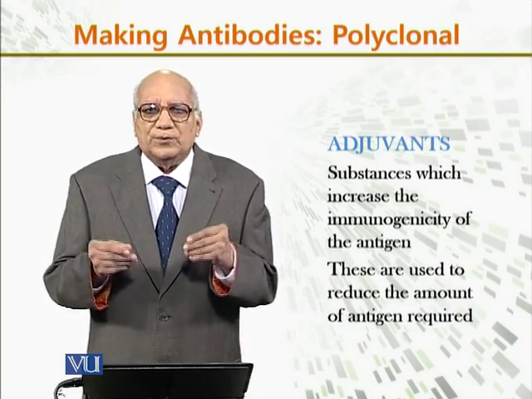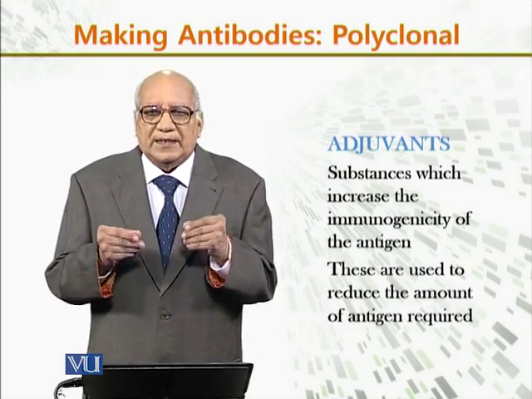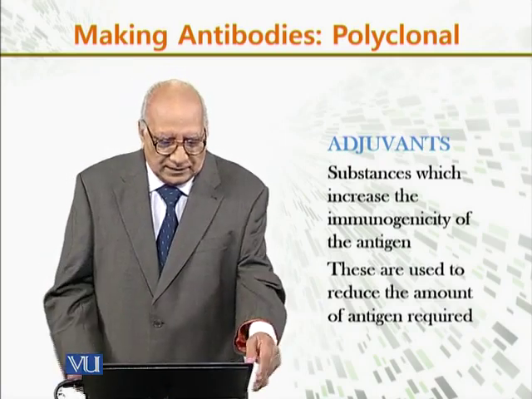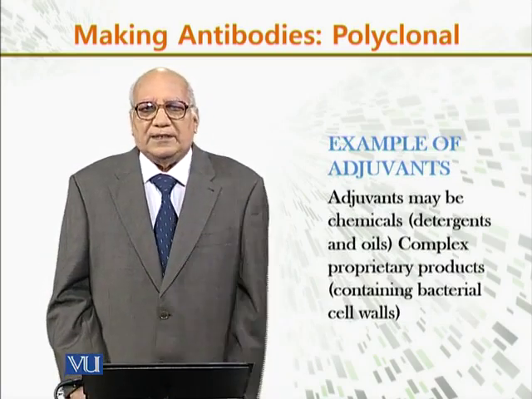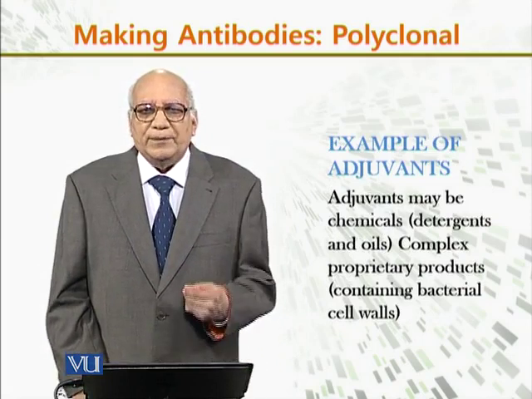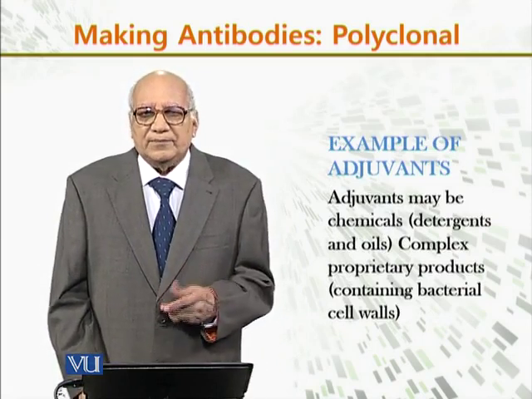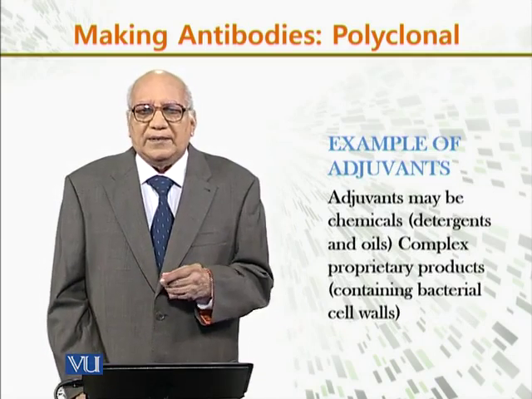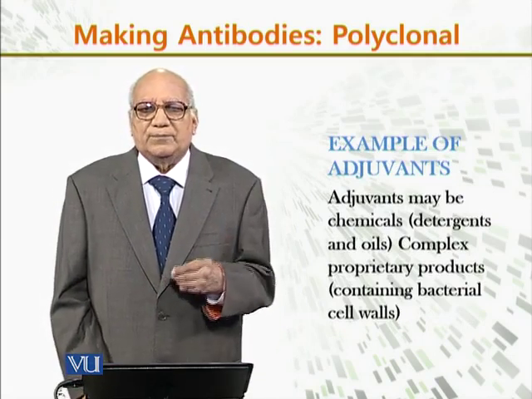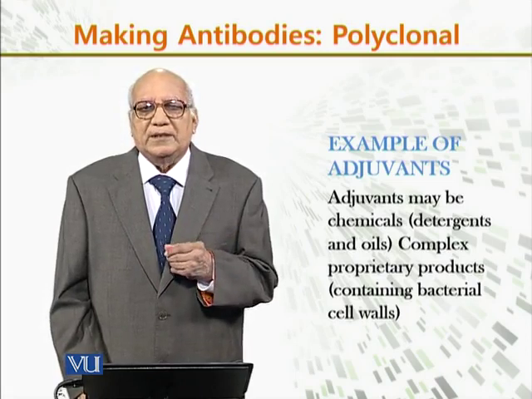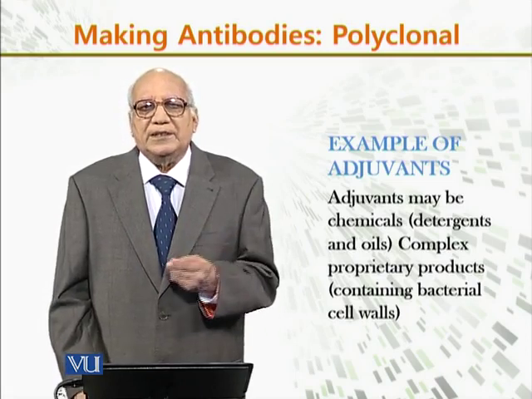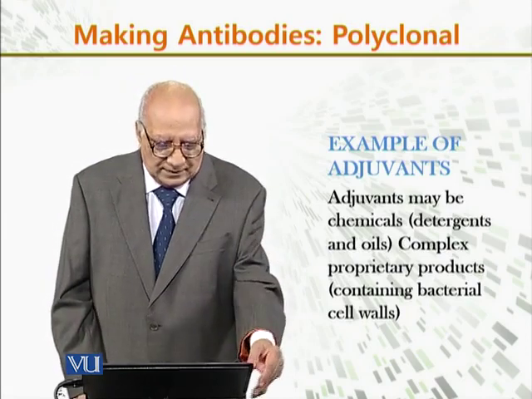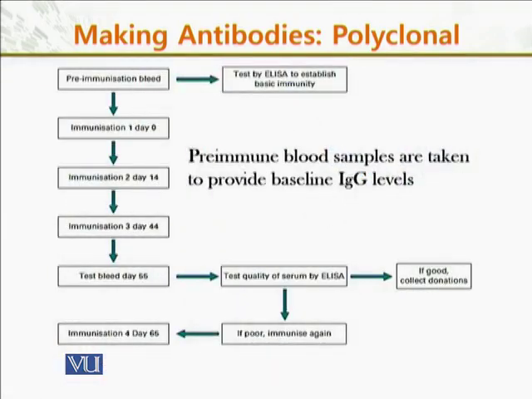That is their advantage. Adjuvants may be chemicals such as detergents and oils, and complex proprietary products which contain bacterial cell walls. So these are what adjuvants are made of.